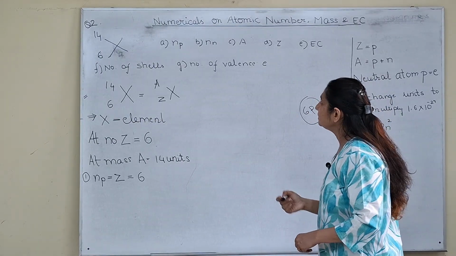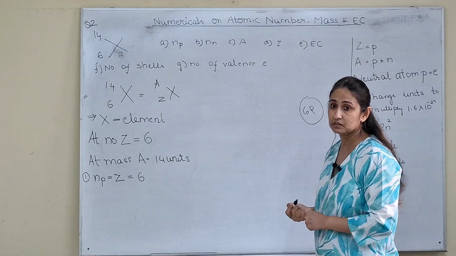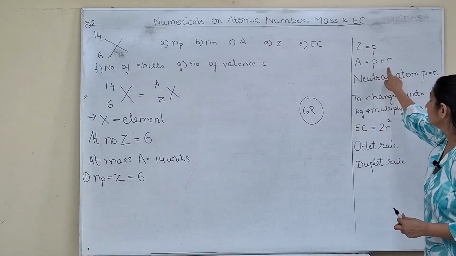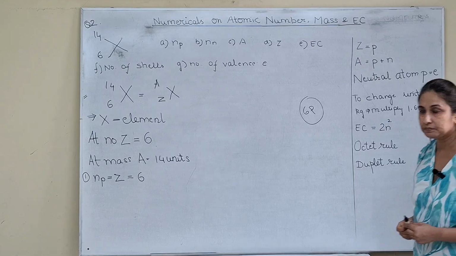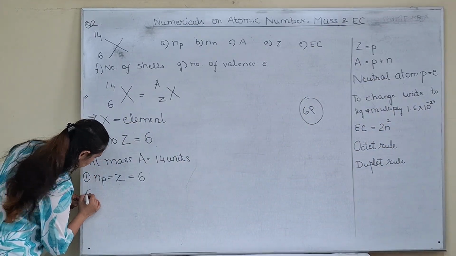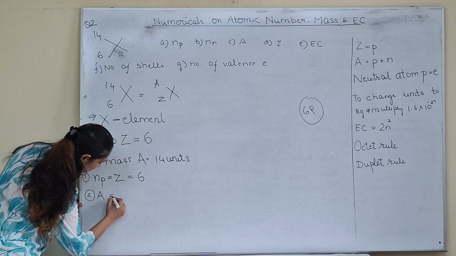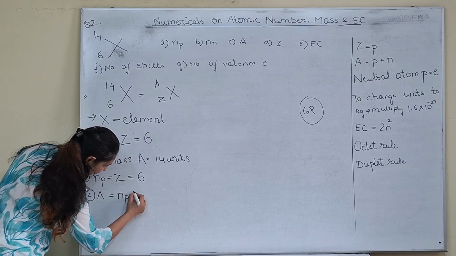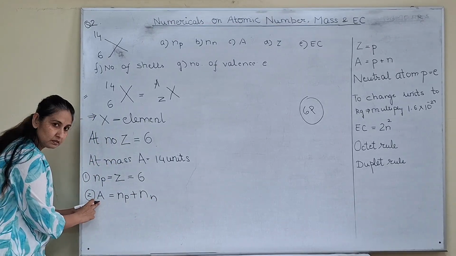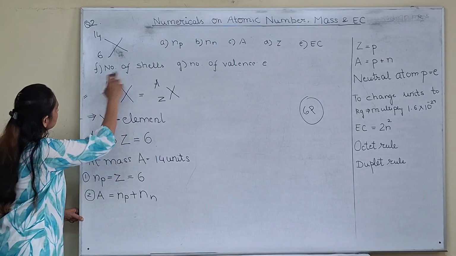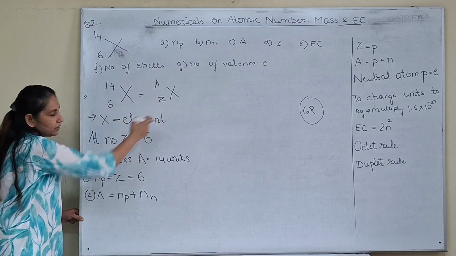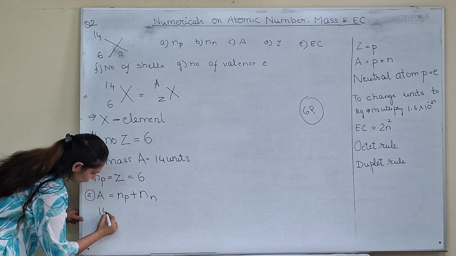Next we have to find the number of neutrons. How will you find this? The only formula which has neutrons is atomic mass: number of protons plus number of neutrons. This is atomic mass as per the definition, so we write 14 here.